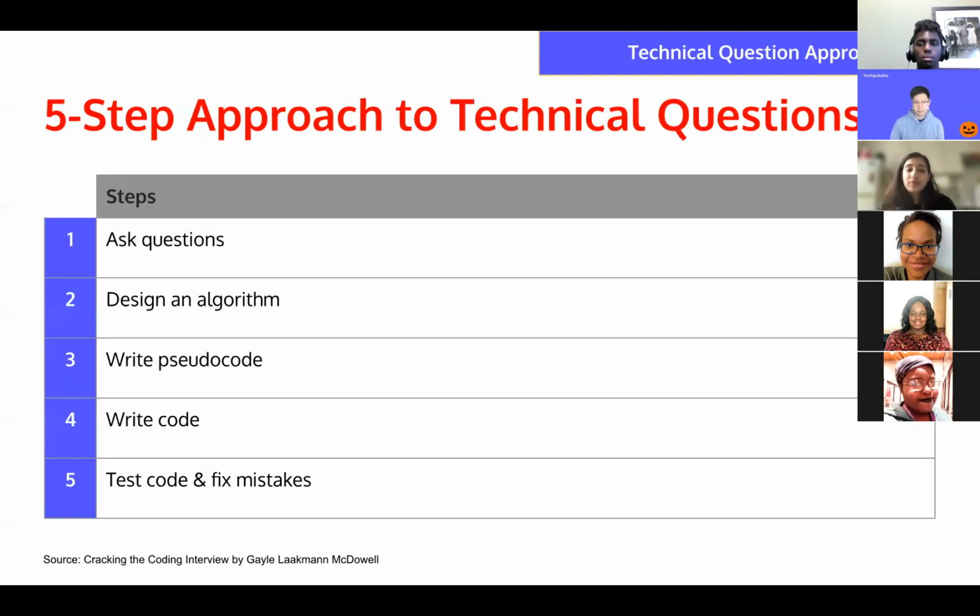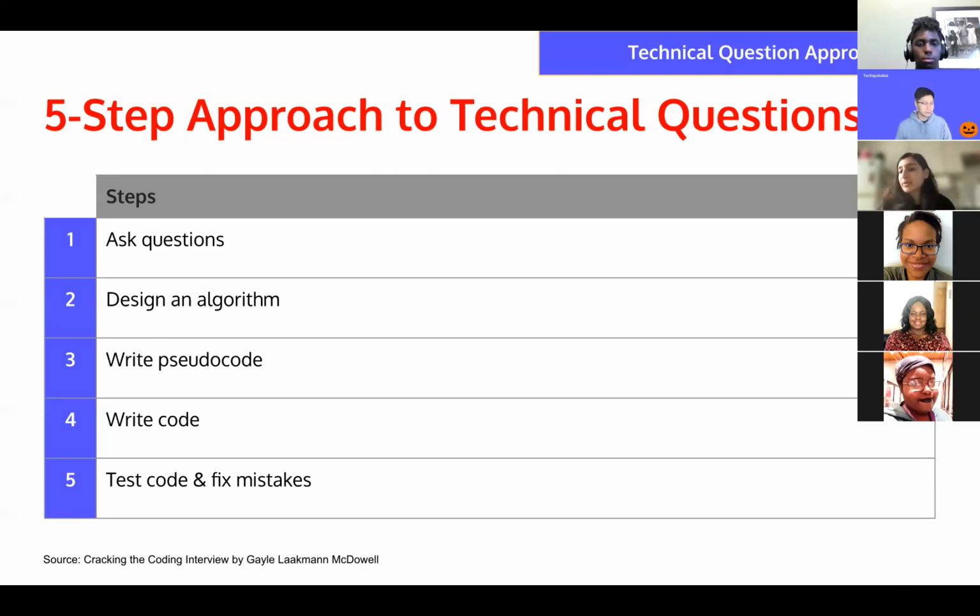We can break down the system into 5 steps to follow when you're given a technical question. The first thing you're going to want to do is ask questions. The questions you ask are about making sure you really understand the problem, its limitations, and what is expected of you. That might mean asking about certain kinds of inputs, or how to deal with an input that is not valid.